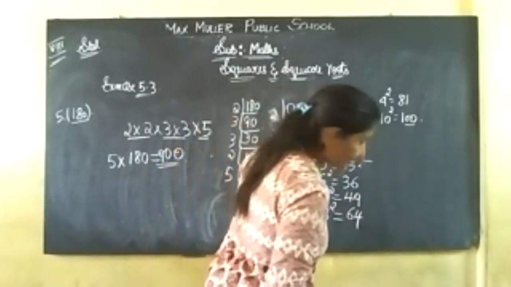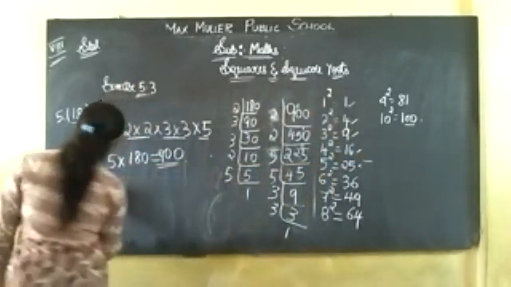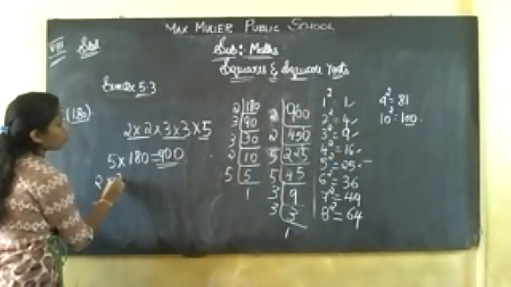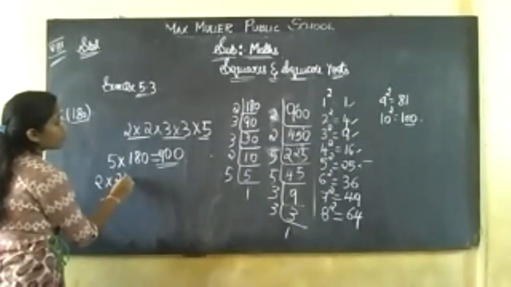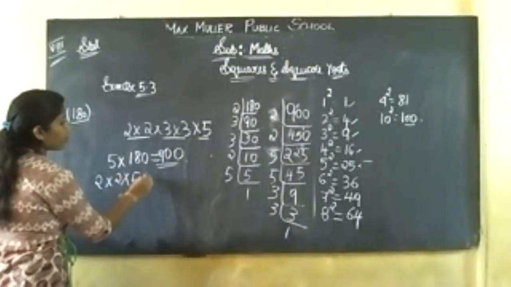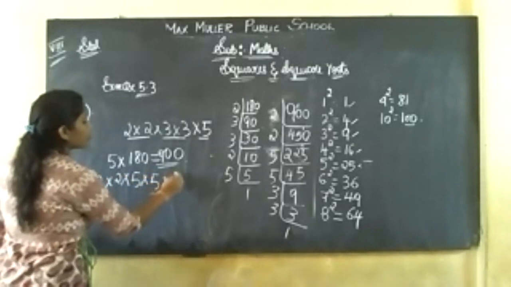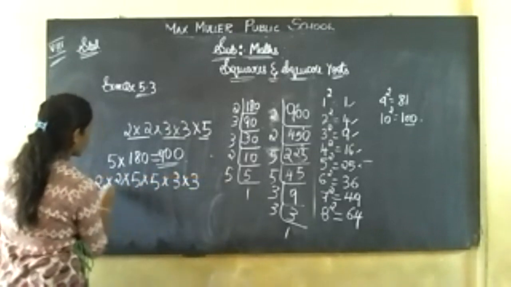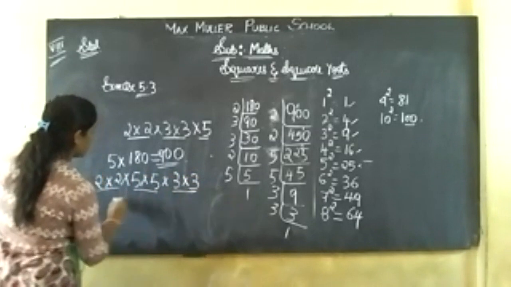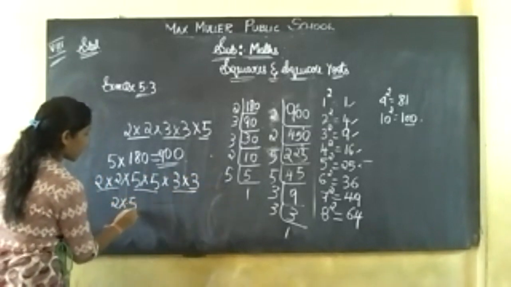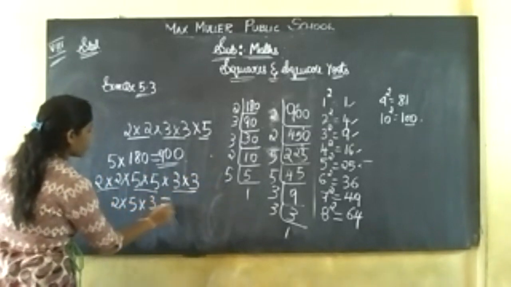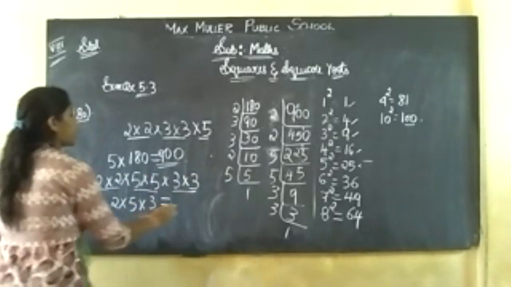So you will get all the pair numbers, that is 2 cross 2 into 5 cross 5 into 3 cross 3. So 2 cross 5 cross 3. 5 3s are 15, 15 2s are 30.